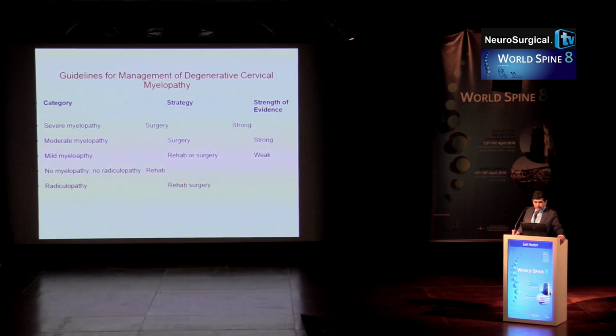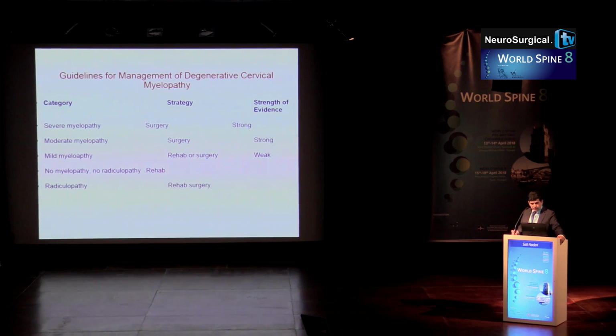But for mild myelopathy, even if there is radiologic spondylosis and even there are some signs of myelopathy in MRI, they do not recommend surgery. Therefore, we can say if there is no myelopathy, no surgery.